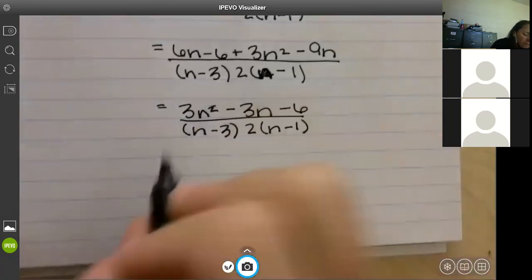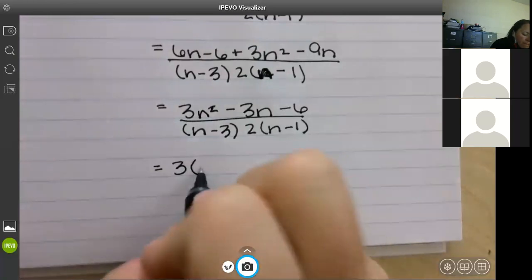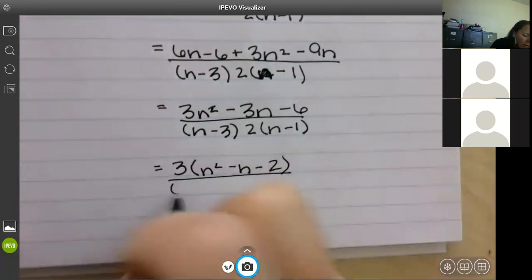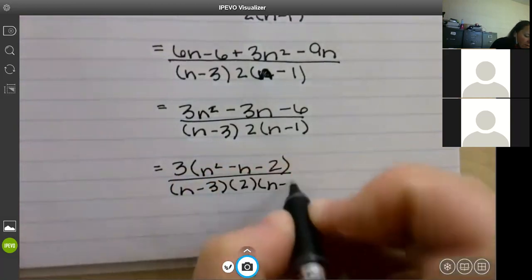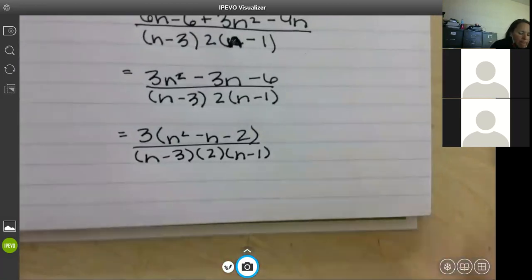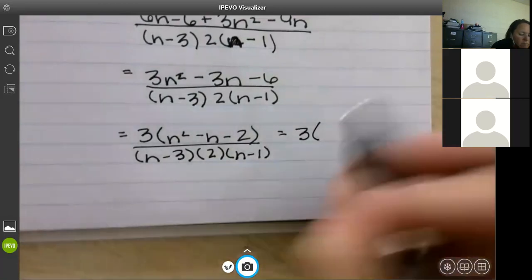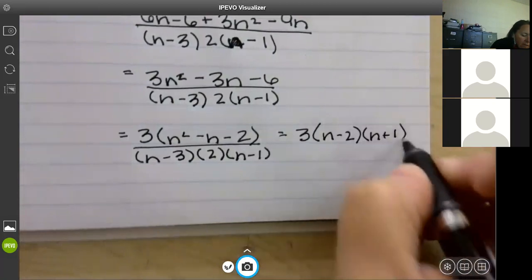What do you notice? Over n minus 3, a 2, and n minus 1. Do I have factors of negative 2 that'll add to negative 1? Negative 2, positive 1.